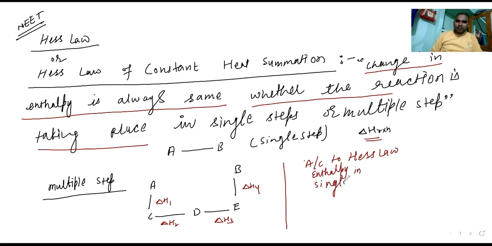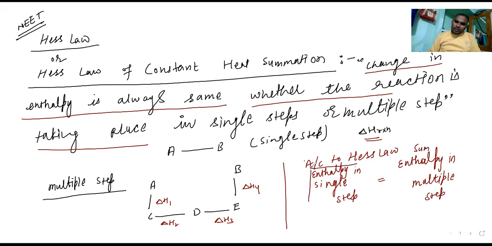Enthalpy in single step is equal to enthalpy in multiple steps, the sum of enthalpy in multiple steps. So this is what the rule is. According to which rule are they talking? They are talking according to the rule of Hess's law.